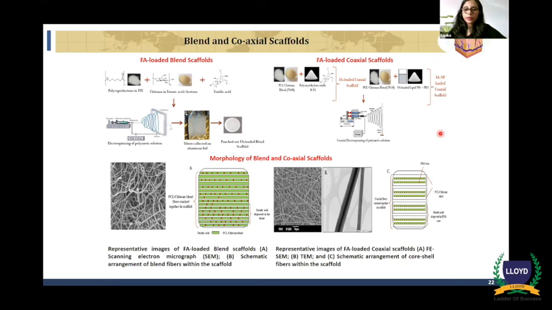So you can incorporate a synthetic polymer which degrades at a very slow rate. On the other hand, there could be something like polyethylene oxide or any other hydrophilic polymer which can further speed up this degradation rate. And then scanning electron microscopy as well as transmission electron microscopy are some of the other techniques which are used in the initial characterization of these scaffolds.